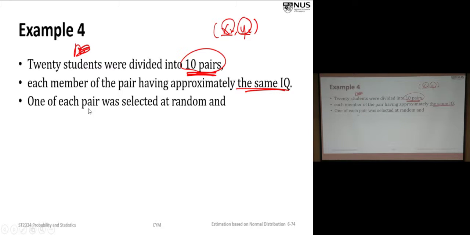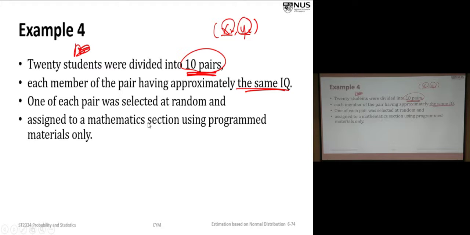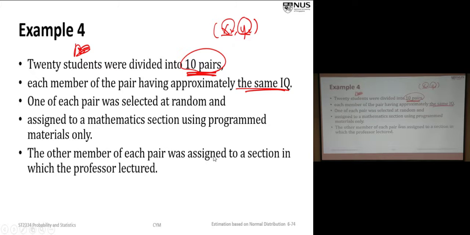One of them will be selected at random and assigned to a mathematics section using programmed material, while the other, the unfortunate one, is assigned to sit for the lecture. Just like what you have here.